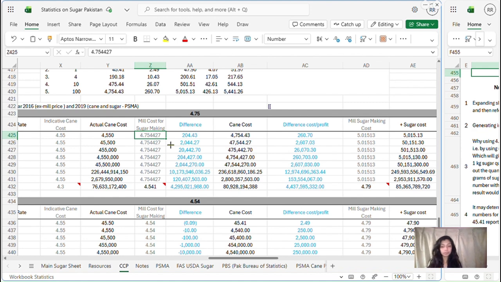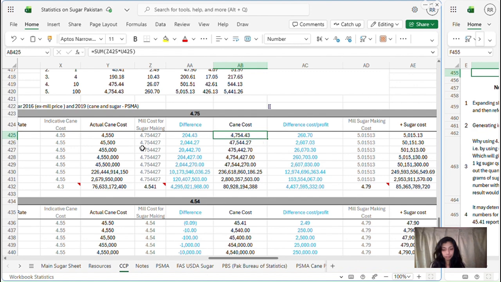reverse from mill's perspective. Let's say mills purchased at 4.55 per kg of sugar cane, but when the sugar is made, everything is done, sugar recovery rate is known, and when you calculate in reverse, you get that the per kg cane price is 4.75 and not 4.55, and the cane for 1000 kgs cost 4754.